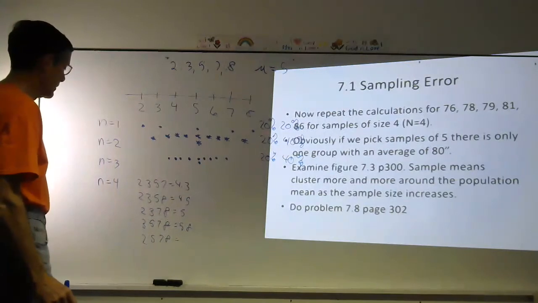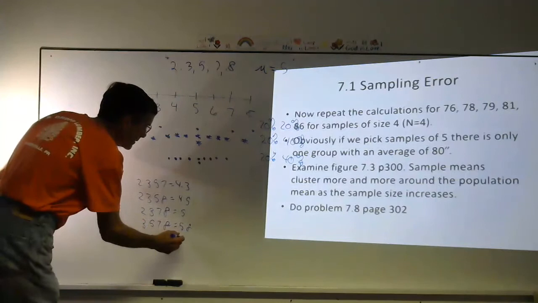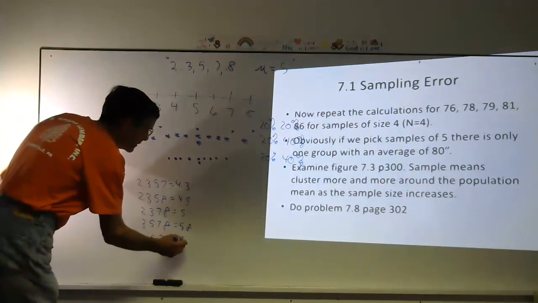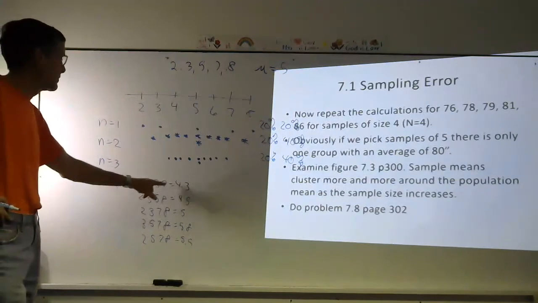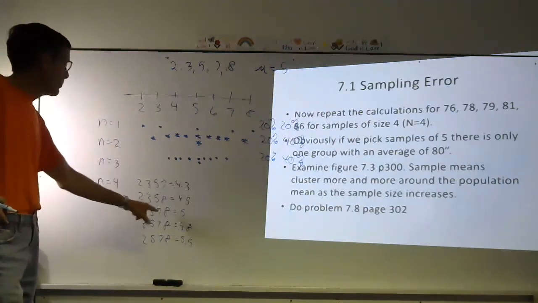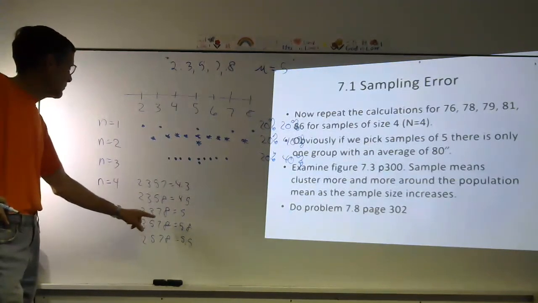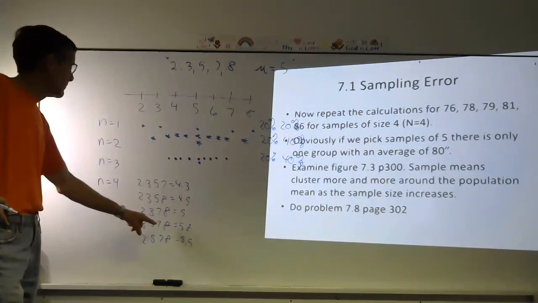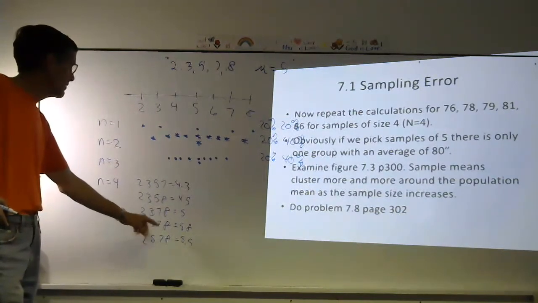And 7 and 7, 14. 22 divided by 4 is 5.5. Did I do those correctly? 17 divided by 4 is 4.3. 18 is 4.5. 20 divided by 4 is 5. 23 divided by 4, yep, 5.8. And 7 and 7, 14, 8 is 5.5.